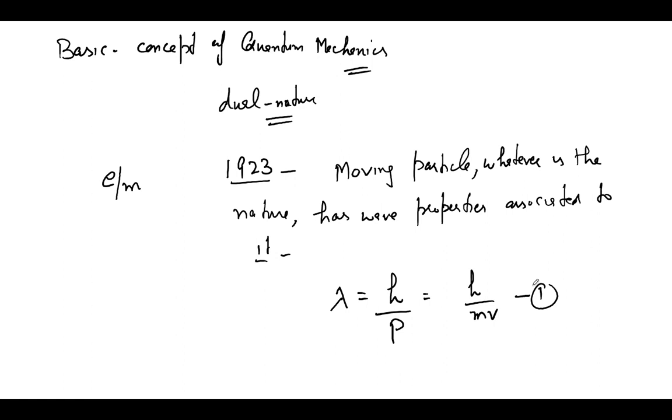The first attempt to explain this dual nature, which can change anytime, was made by Schrodinger by treating each moving particle, particularly the electron, as a wave packet.